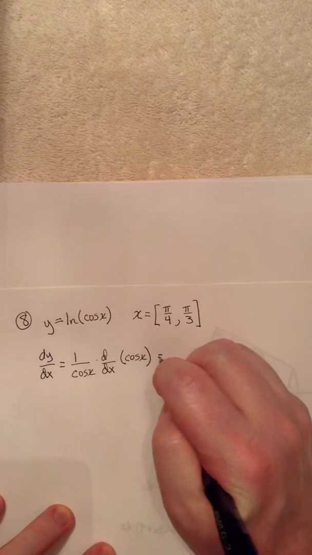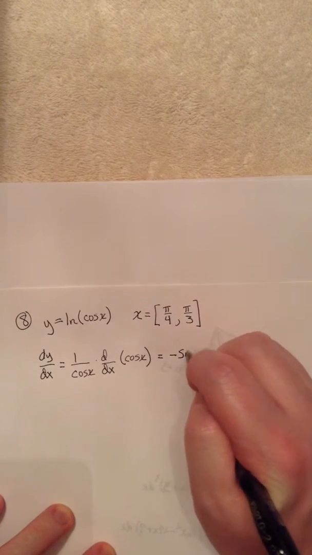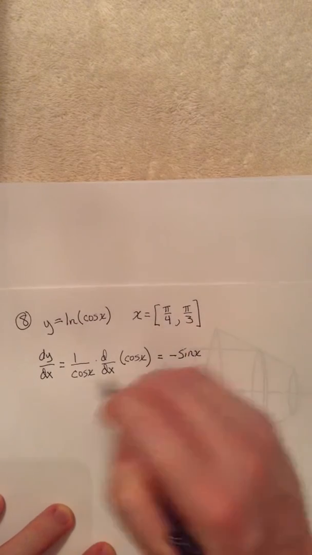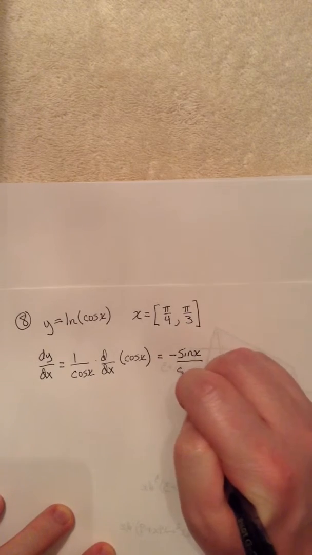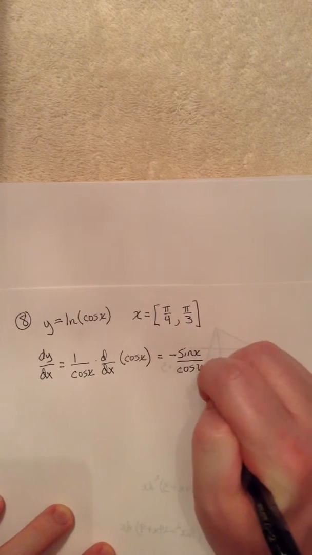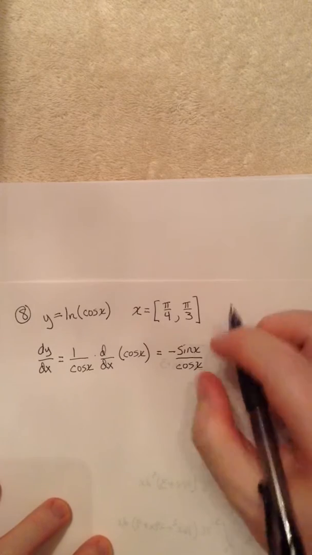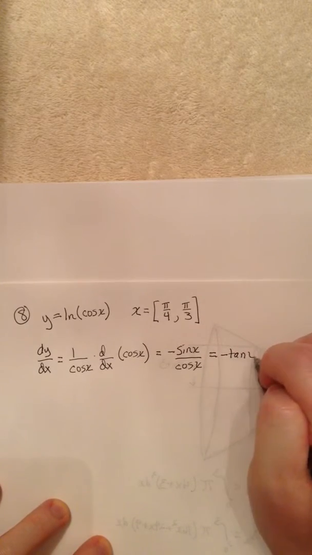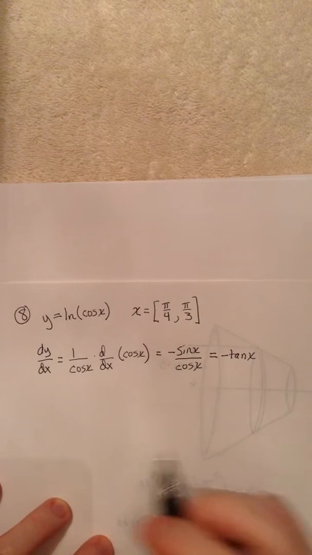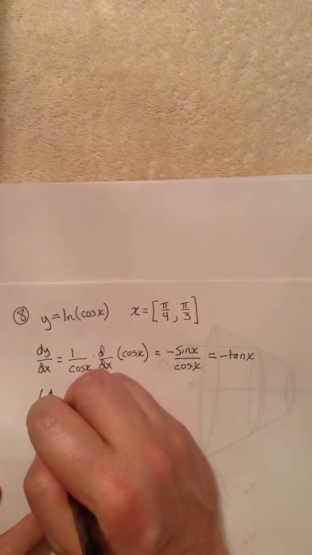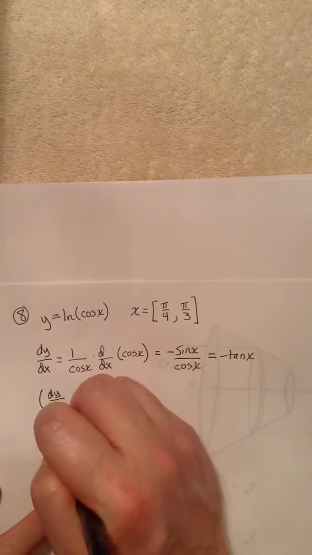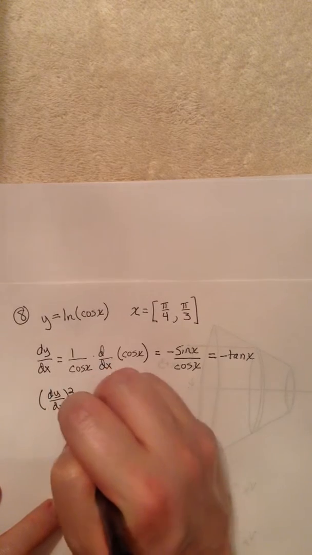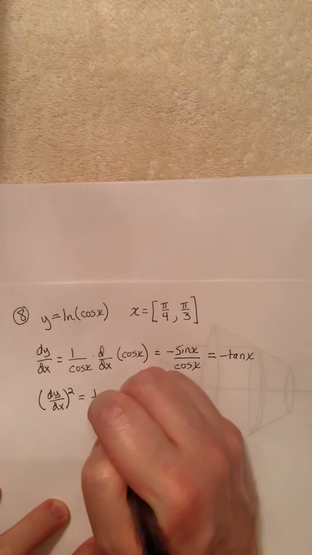So we have the negative of the sine of x times the reciprocal of the cosine of x. For this expression, we're going to end up with the negative of the tangent of x. And so this will leave us with the square of the derivative as the square of the tangent of x.